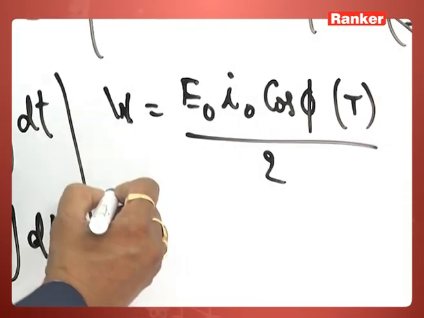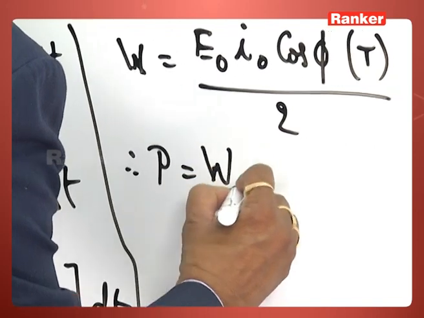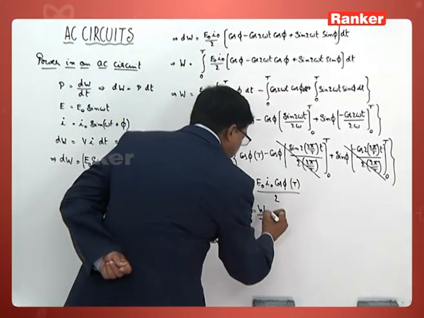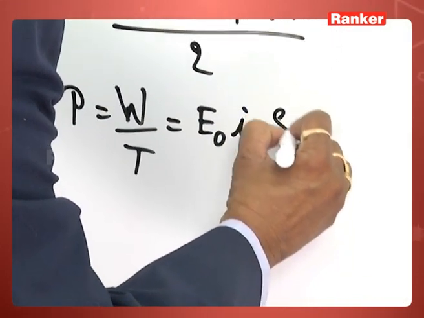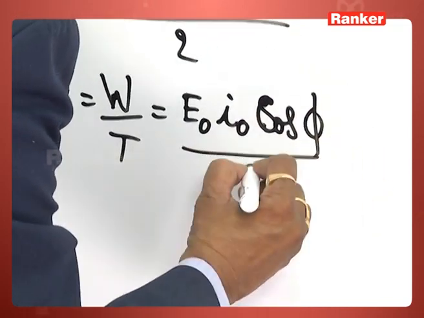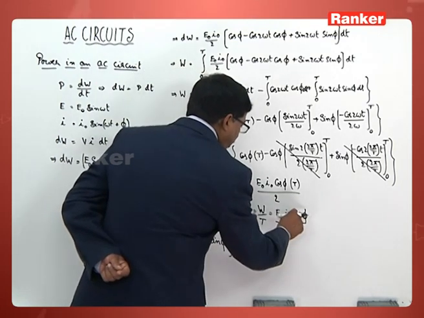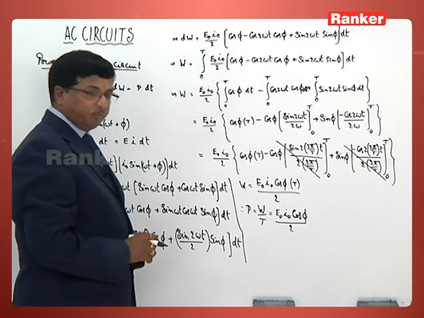Therefore, we can write power is equal to work by time. Then this t getting cancelled, you will be left with E naught I naught cos phi divided by 2.